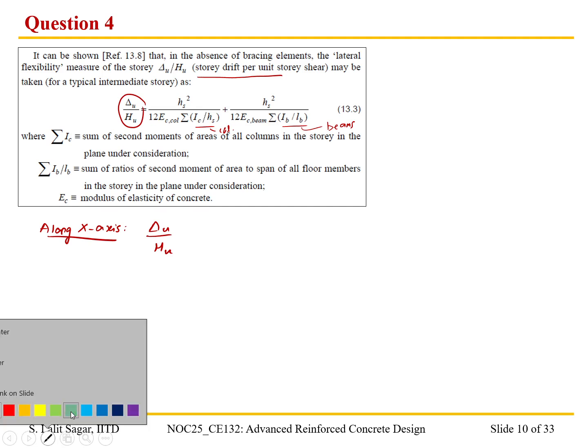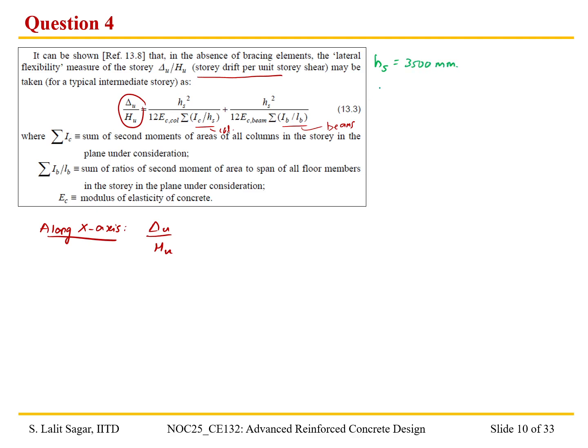HS is the story height, so that is 3500 millimeter. Then we have EC for the column, that is 5000 square root of FCK, that is 25,000 MPa.